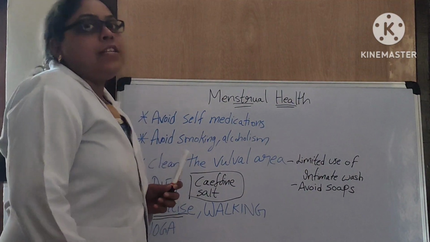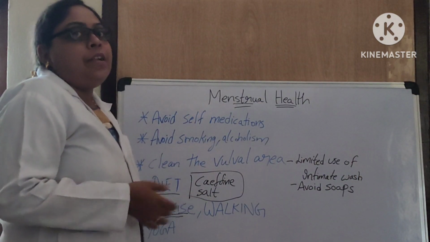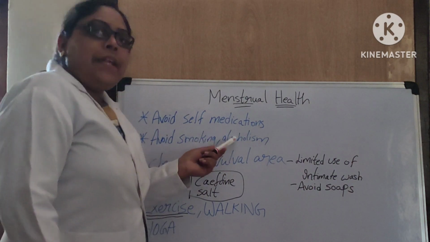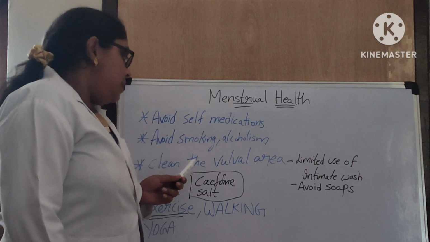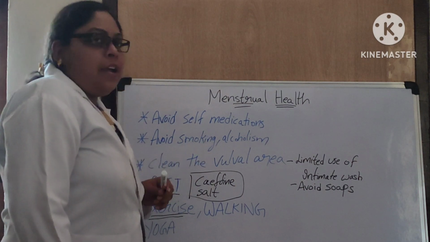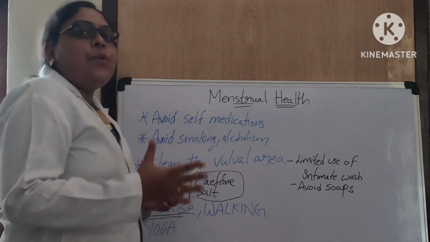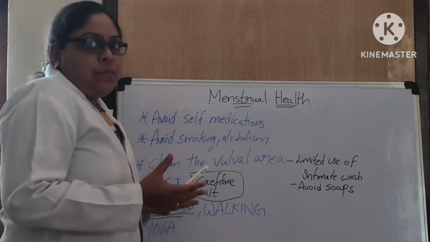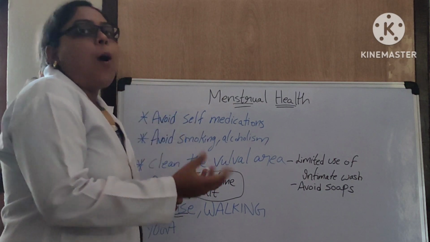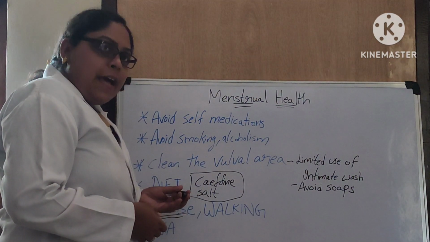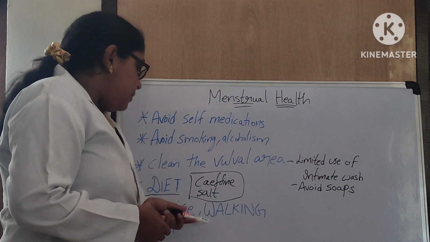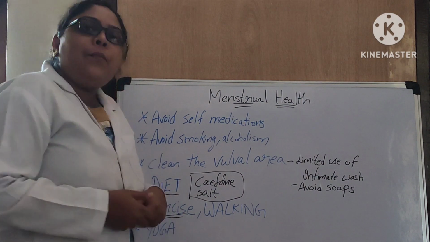And next we discussed when to consult a doctor, avoiding self-medication, not going for any smoking and alcoholism, and cleaning the vulval area in the right way. Don't use hot water either; you have to use warm water to clean that area. And also about diet, and exercise, walking and yoga. I hope you understand this.